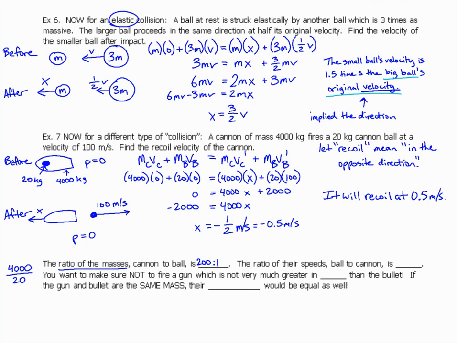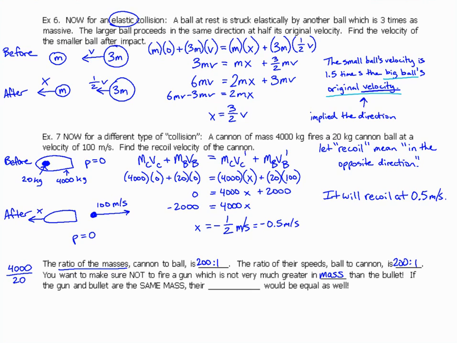The ratio of their speeds, the ball to the cannon, here's the ball, here's the cannon, is also 200 to 1. So the ratio is pretty big. You want to make sure not to fire a gun which is not very much greater in mass than the bullet. There's a reason that a cannon is so massive.